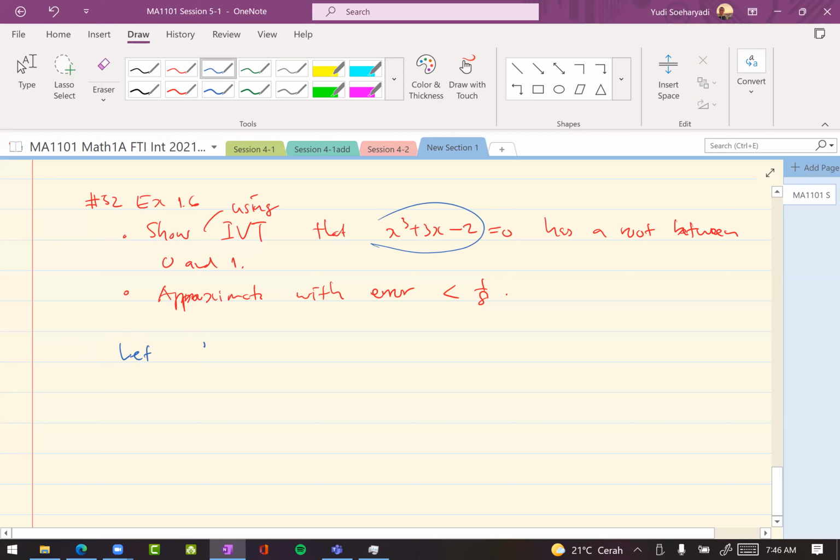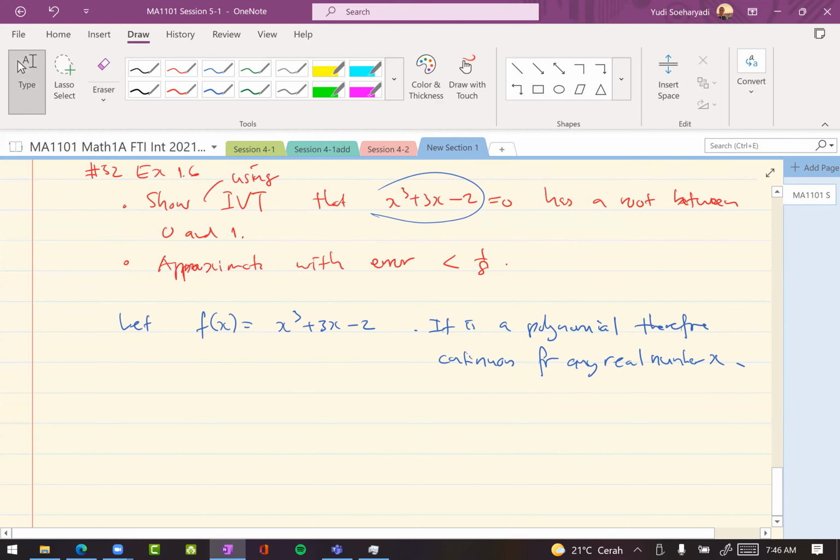This is a polynomial, so it is continuous for every real number. Okay, so that's the problem. We can use IVT.